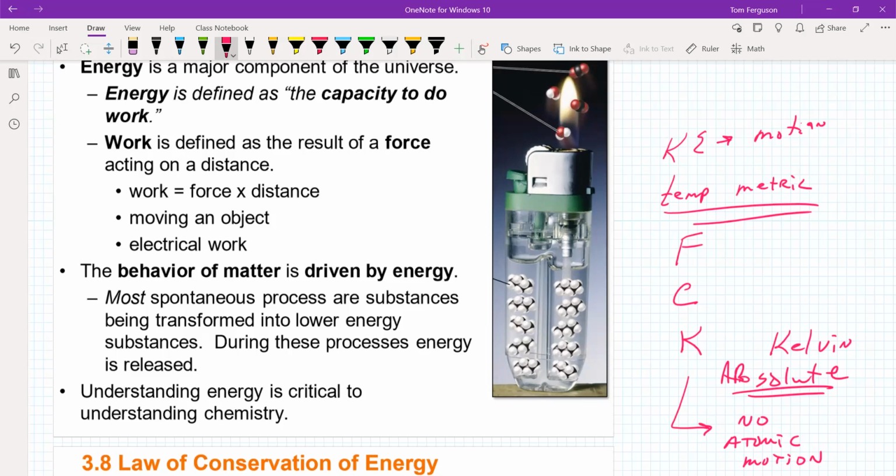That means it has no kinetic energy. And that's really cold. It's minus 273 C or 0 Kelvin. So it differs from Celsius or centigrade by 273 degrees.